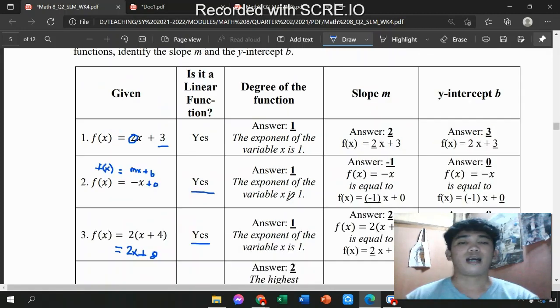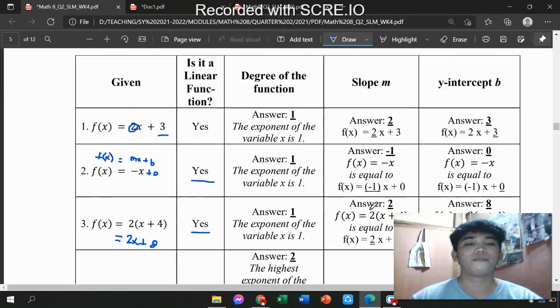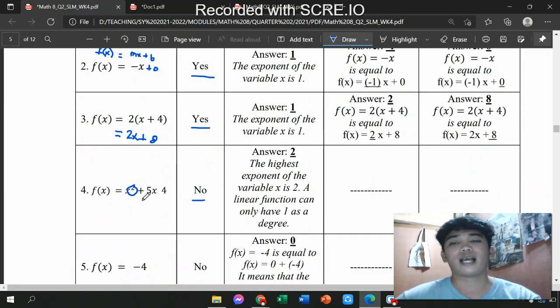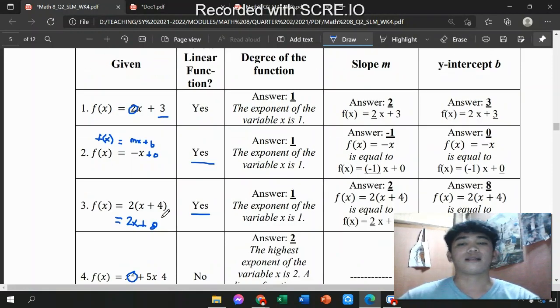So the degree of the function is 2. Naa ba siya slope m? Wala siya slope because dili man siya f of x equals mx plus b. Wala siya slope o wala siya y-intercept b.